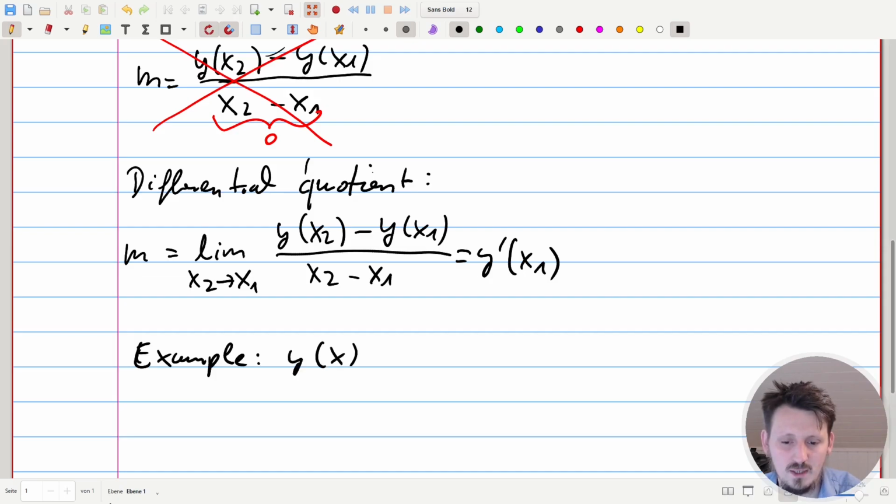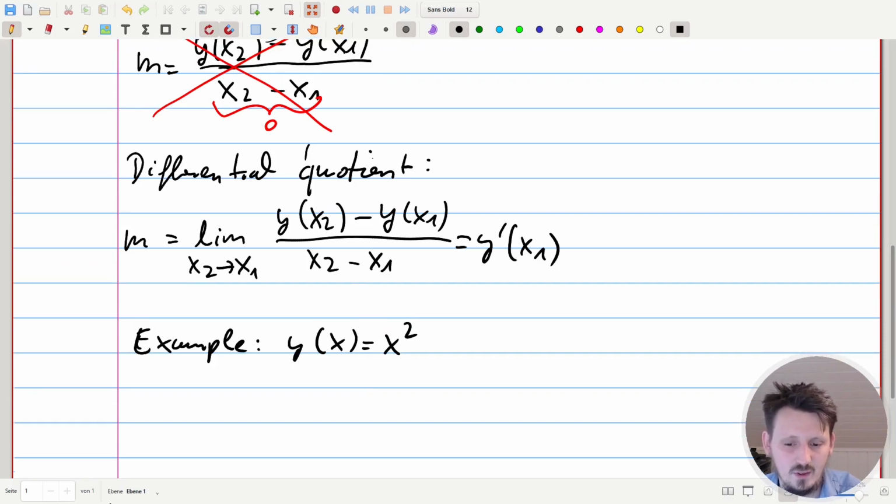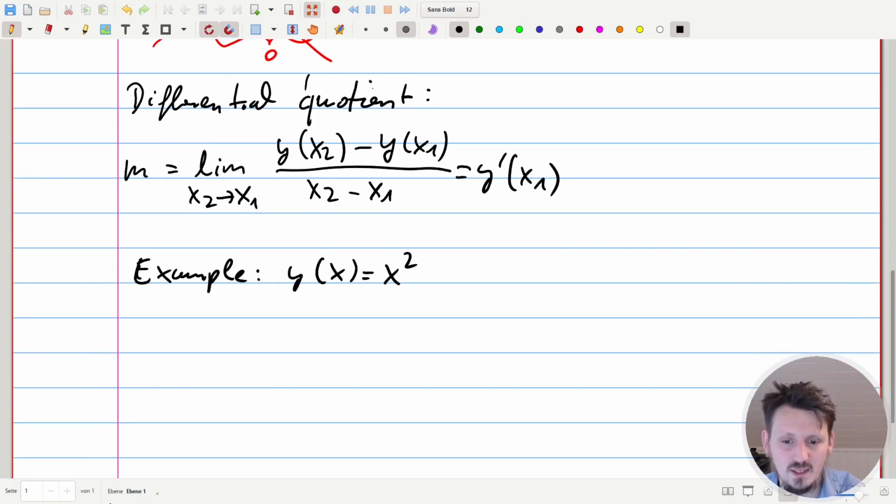This should be maybe just a function y of x equal to x squared. This is very simple. In many textbooks you find this example, but I would like to calculate now this whole differential quotient with the help of that example.